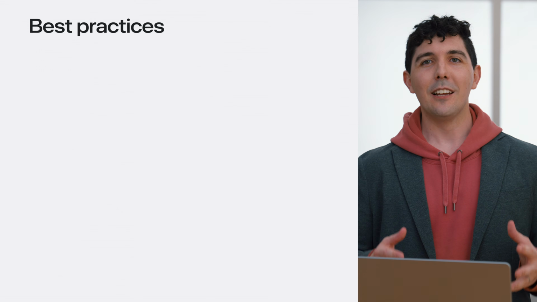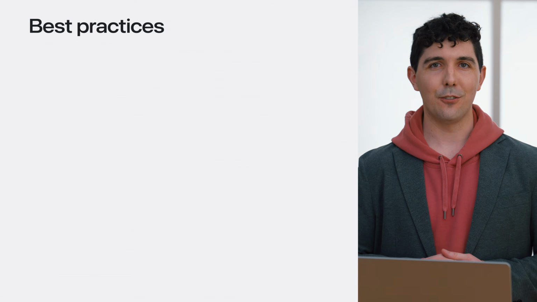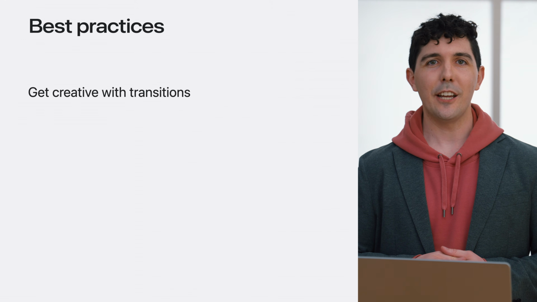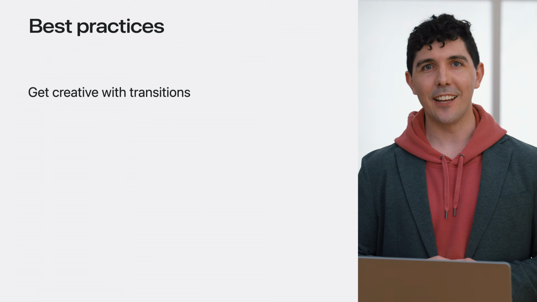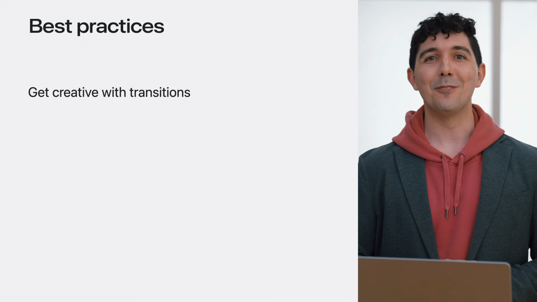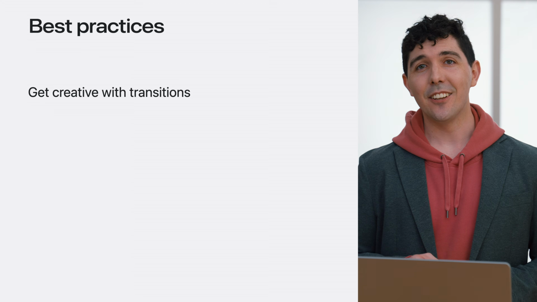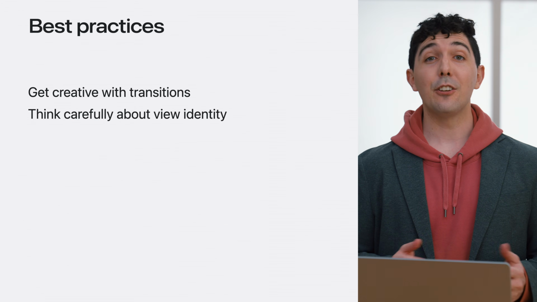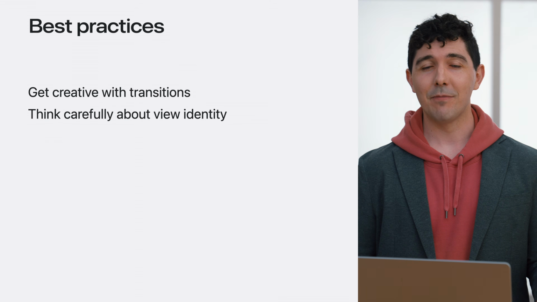To wrap up, let's review some best practices for streaming. First, get creative with SwiftUI animations and transitions to hide latency. You have an opportunity to turn a moment of waiting into one of delight. Second, you'll need to think carefully about view identity in SwiftUI, especially when generating arrays.